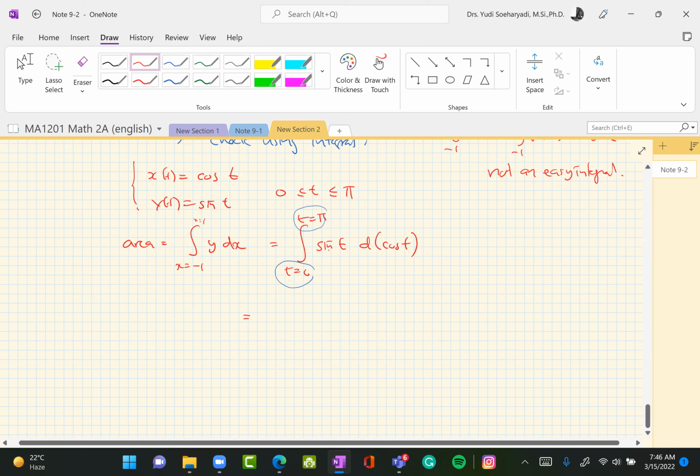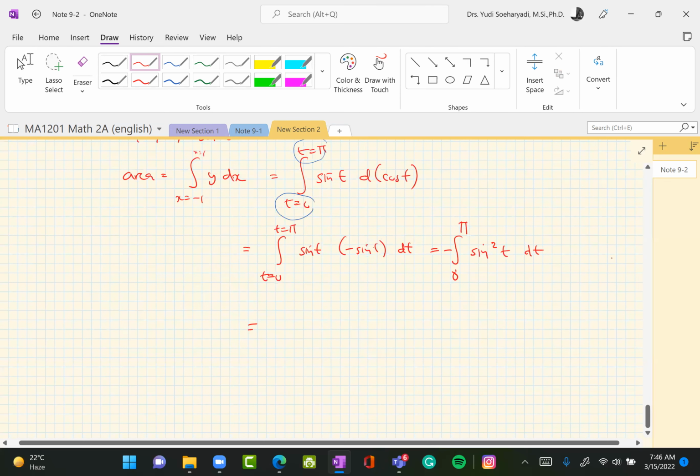What you get here: another sine, since the derivative of cosine is negative sine. So that is the integral from 0 to pi of negative sine square t dt.